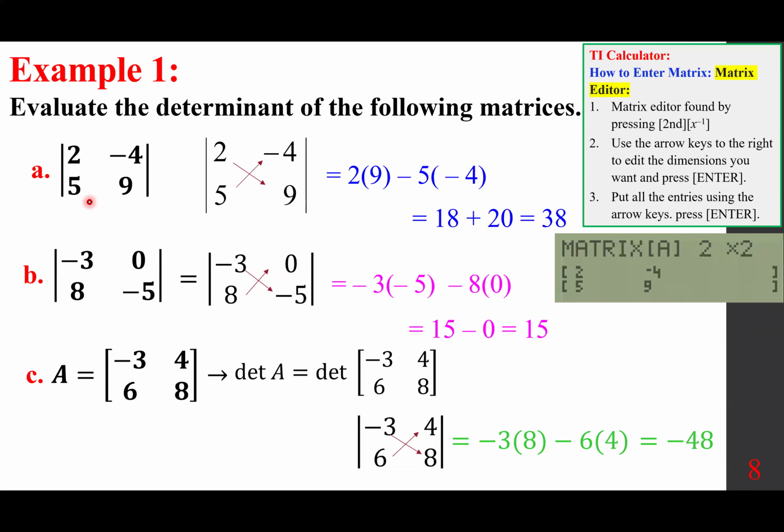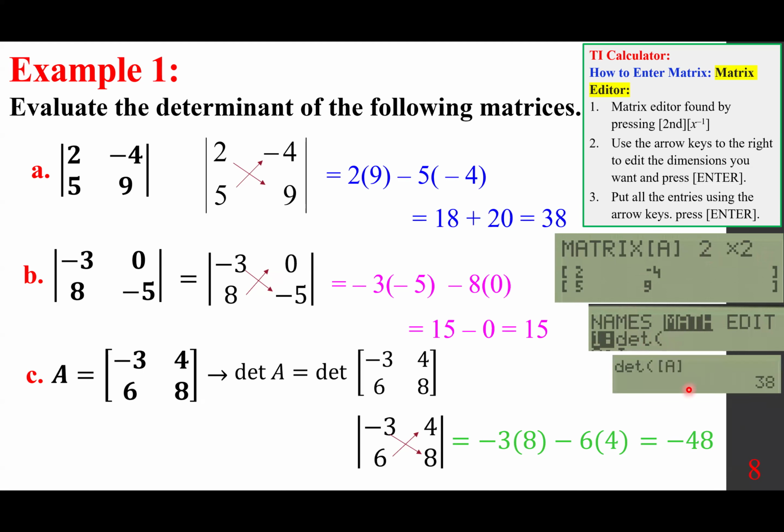For example, we put the A matrix 2, negative 4, 5, 9. Then we go to math, we find determinant, and we put the matrix A in there. It will give us the same answer that we found here. So obviously technology can do that.